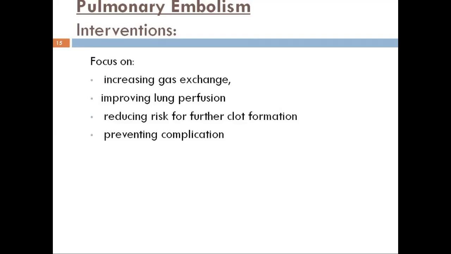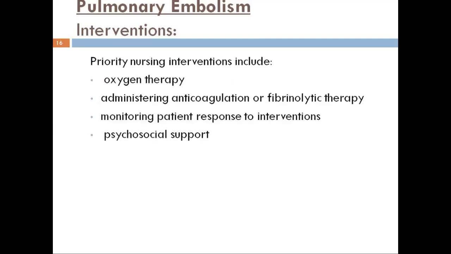You don't want it to occur. Remember, the person is likely to have it again. You want to reduce the risk of clot forming. And then also want to prevent complications from the embolism, because the emboli can go anywhere in the body. Once it blocks a blood vessel, it can damage several organs, depending on the organ that it lodges in. So you want to prevent complications from occurring.